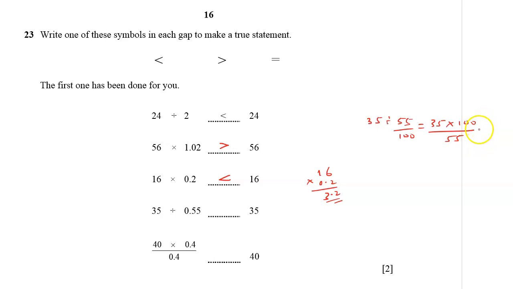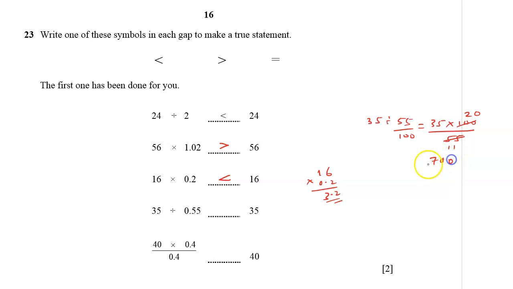When you do the math correctly here, you can divide by 5, 55 by 5 gets 11, and divide by 5 here, you get 20. Therefore this is going to be 700 divided by 11.